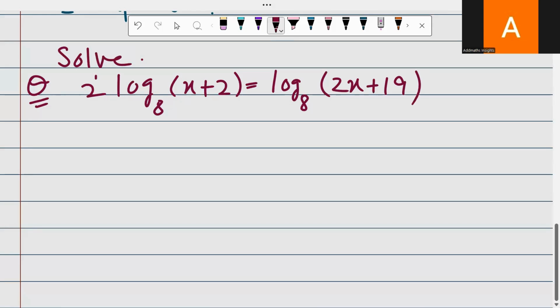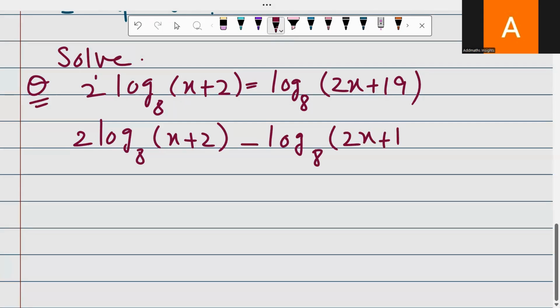Now, the first step is always to give standard form to your equation. What is standard form? We take all the terms involving log to one side of the equation. So you can write it as 2 log 8 of x plus 2 minus log 8 of 2x plus 19 is equal to 0.